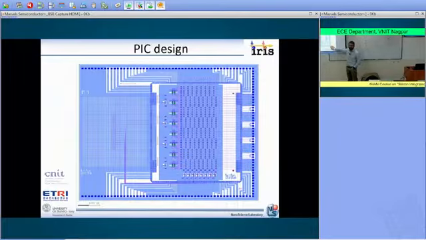So this is the actual mask that we designed for the foundry. What you see here in the mask are the pads, the metal pads for the metal wires. Then you see the matrix of microring resonators, which are the switch elements. And here you see all the input and output gratings.